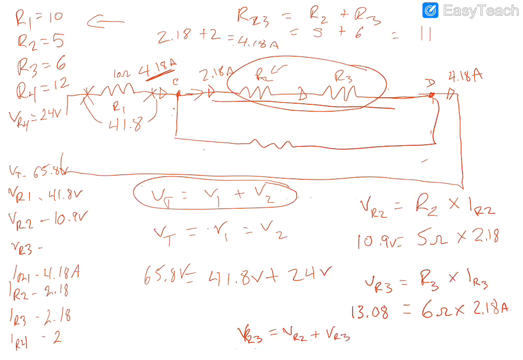And if you do that math, 10.9 plus 13.08, it will give you just under 24 volts. So we're right at the cusp. We're at 23.98 volts, which is within plus or minus 1%. So we're good on our answer there. That is how you do a basic series parallel circuit.